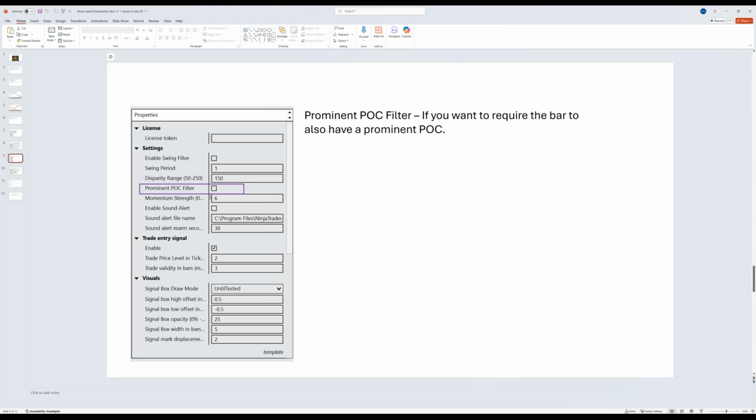So just bear that in mind, especially if you're in some markets like MNQ or NQ, YM, and you're on like a minute-based chart where you're not going to get a lot of prominent points of control. You're going to filter yourself out of a lot of trades.